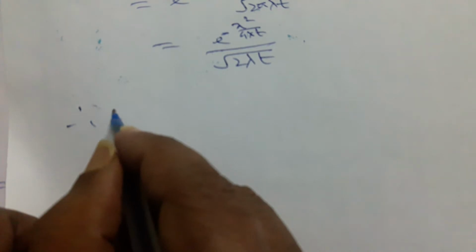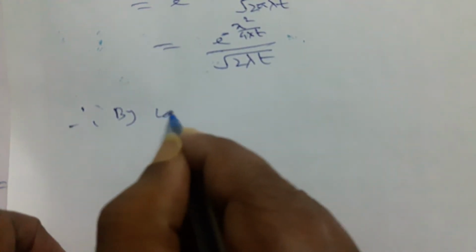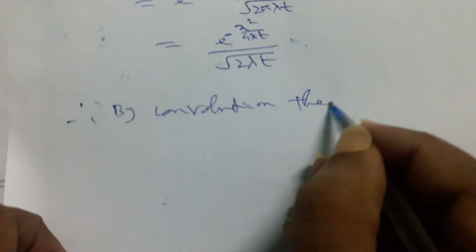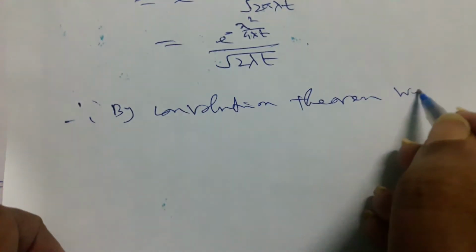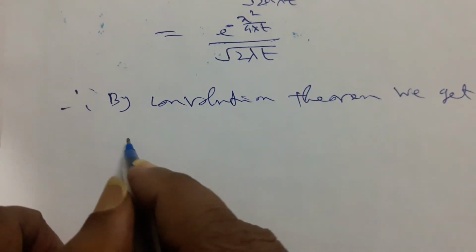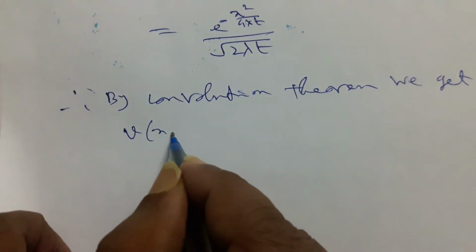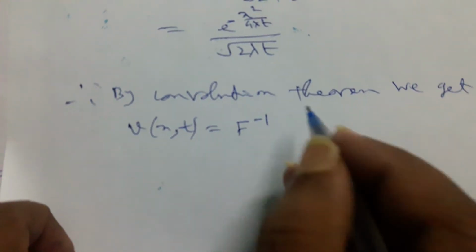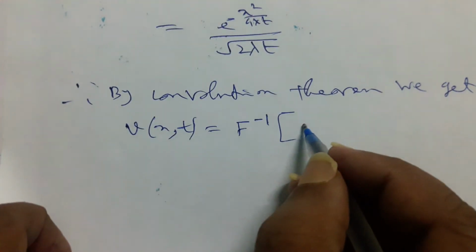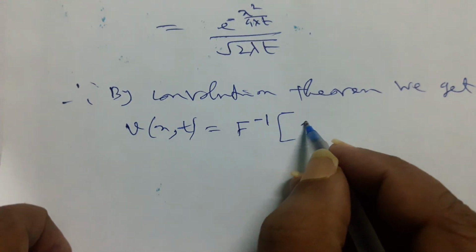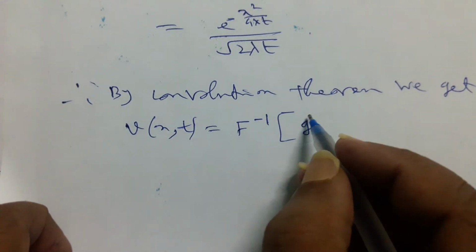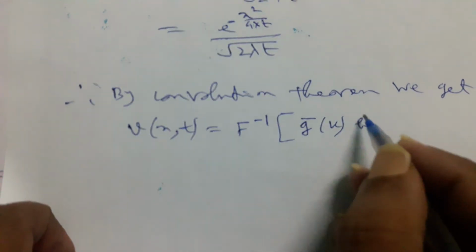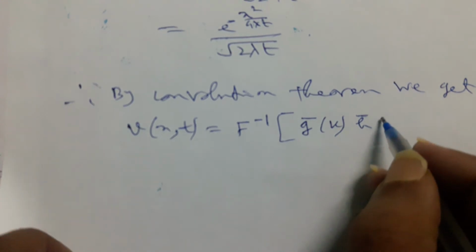Therefore, by the convolution theorem, we get v of x, t, that will be f inverse of G bar k and H bar k.